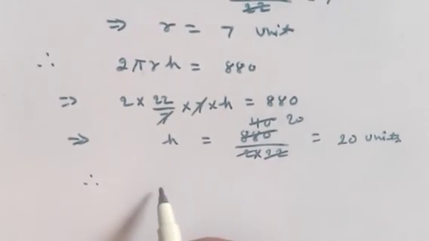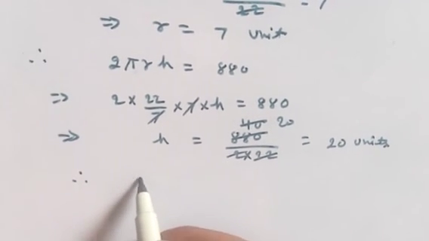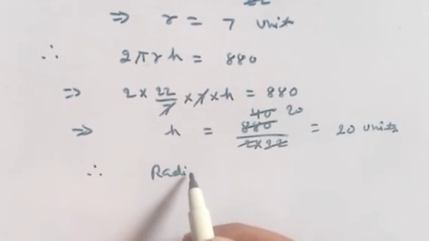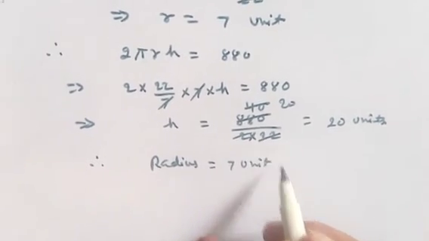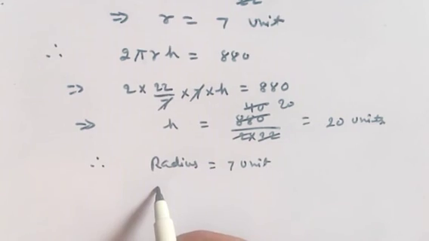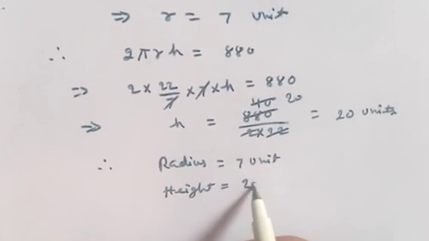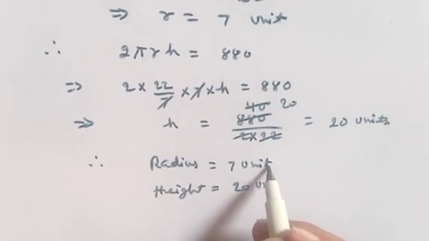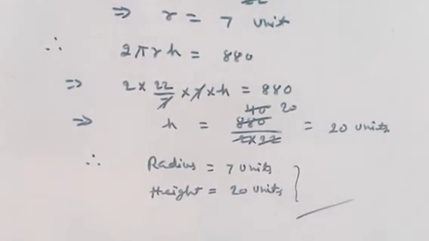So our answer is radius equal to 7 unit and height equal to 20 units. These are our answer.